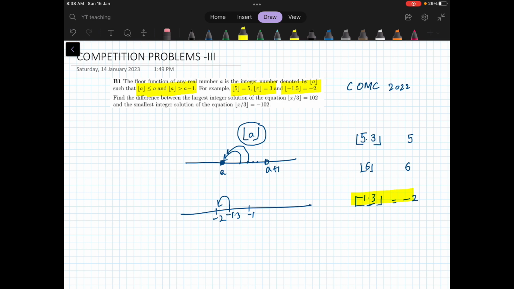This is just a piece of information which was given before the problem.